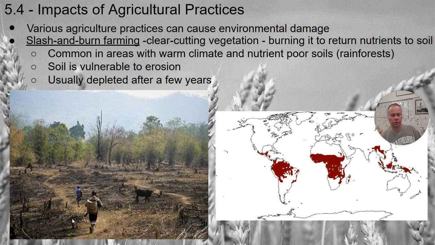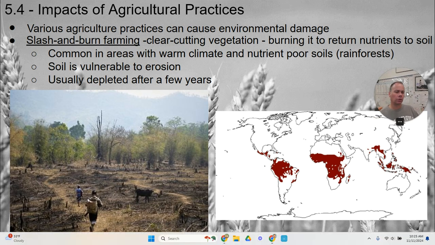Slash and burn agriculture is a type of agriculture that's widely practiced in the tropics especially. Slash and burn agriculture basically is when people, corporations clear cut the vegetation, burn it to release some of those nutrients back into the soil, and then start to plant crops, graze cattle.